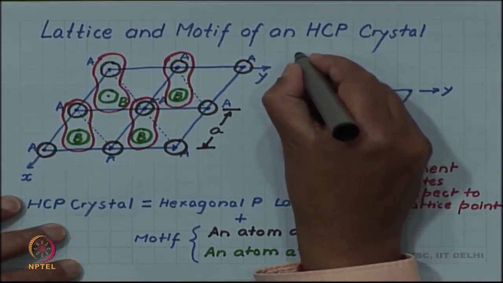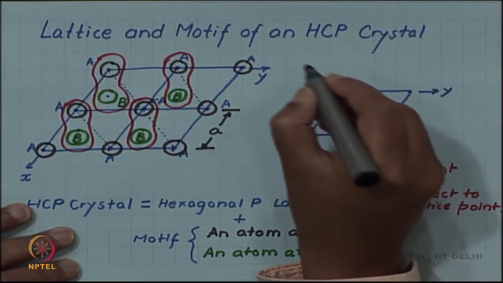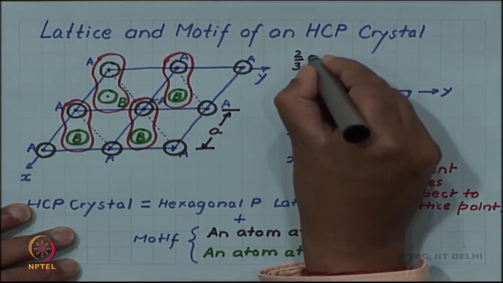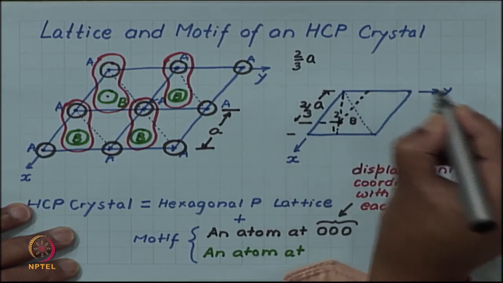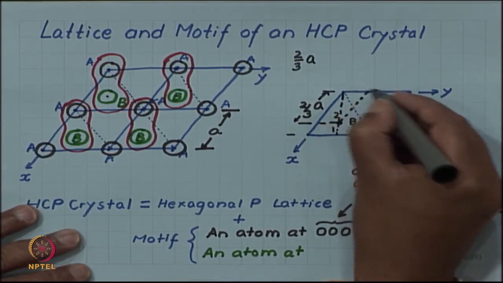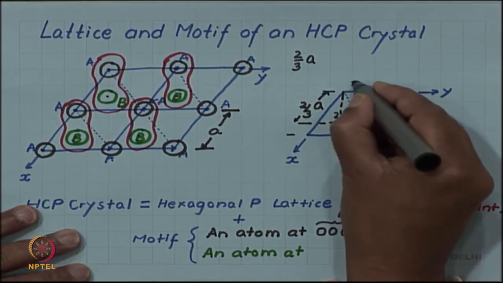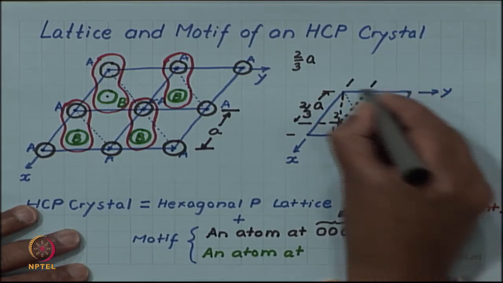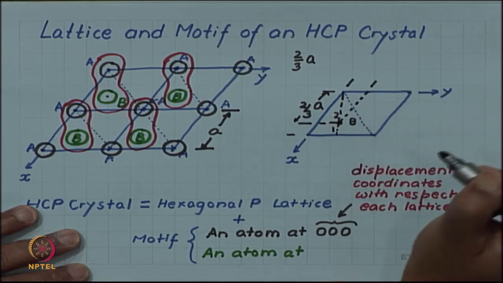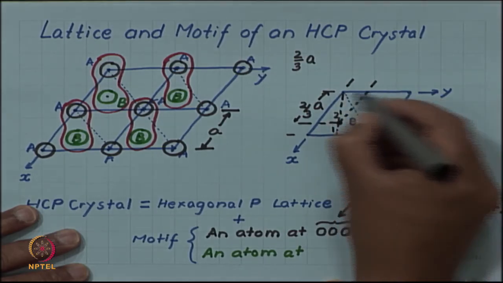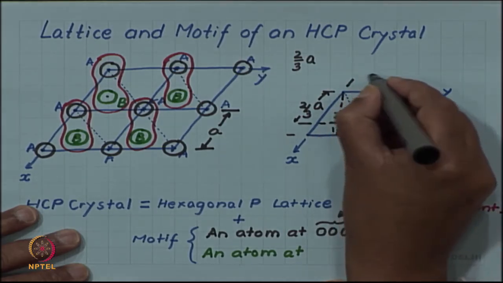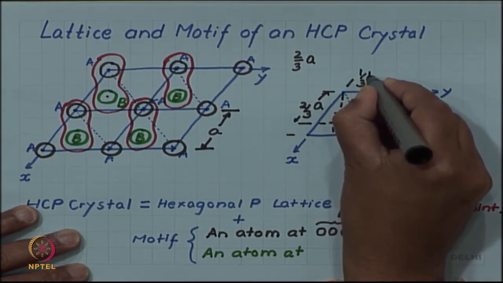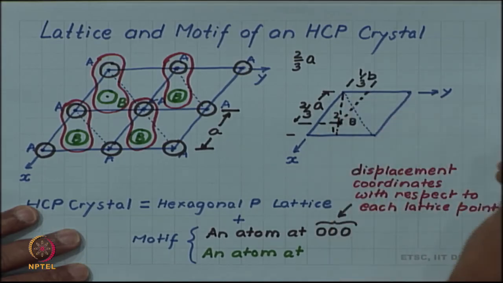So, the x coordinate we can write as 2/3 A. Similarly, if you work out, I leave this as an exercise, if you work out this in terms of the entire side of the rhombus along y axis, you will find that this is 1/3 of this side, and all the sides are equal.